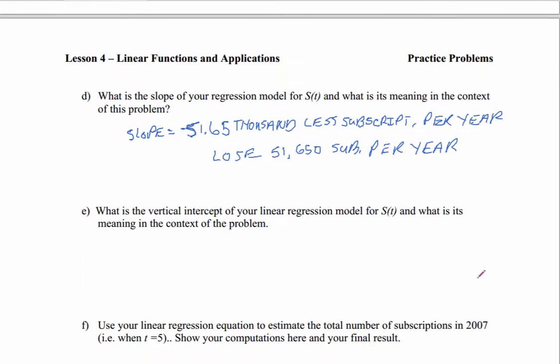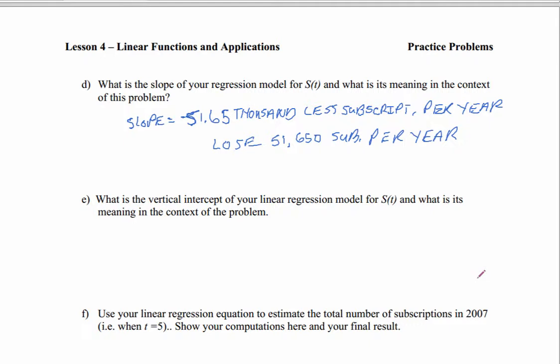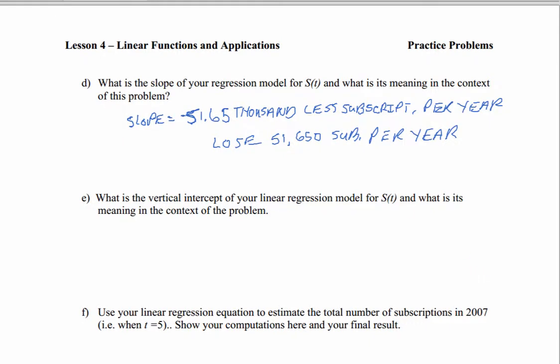Okay, what is the vertical intercept of the linear regression model for S of t, and what is the meaning with respect to this problem? Well, that was the 448.2. So 448.2, that was our vertical intercept or our y-intercept. And what does that mean with respect to this problem? Well, again, that's number of subscriptions in this case.